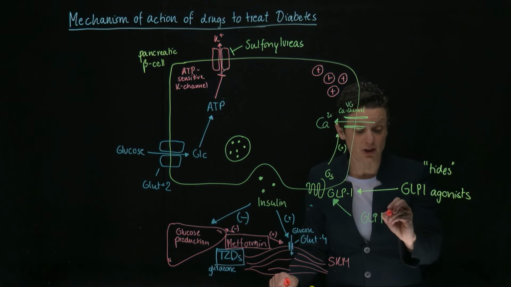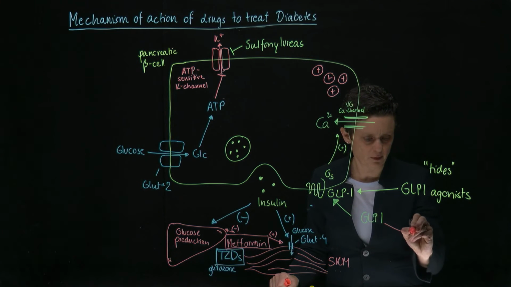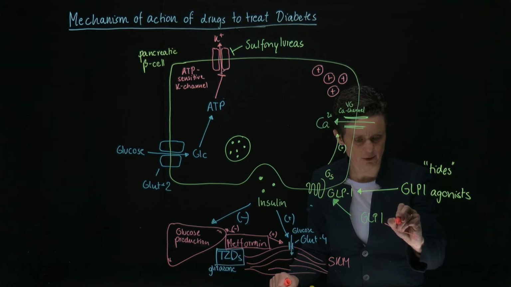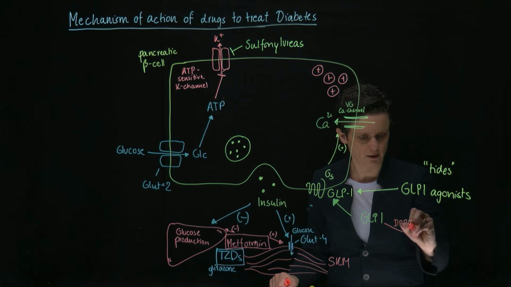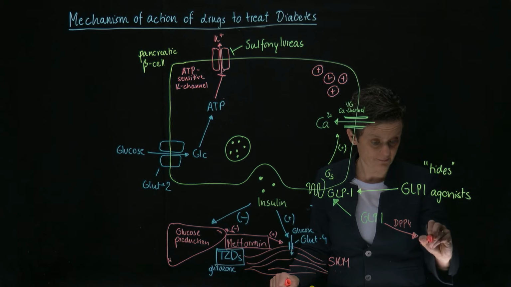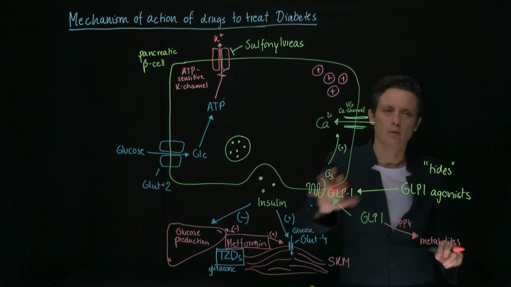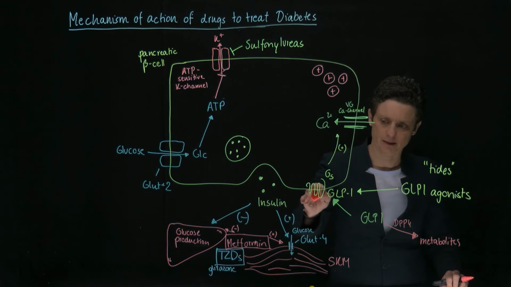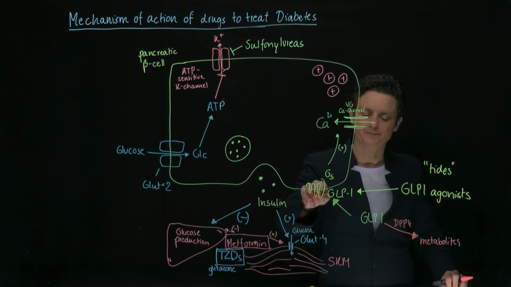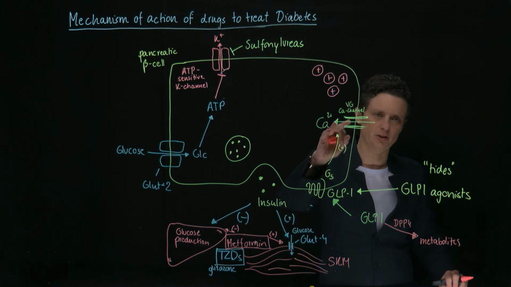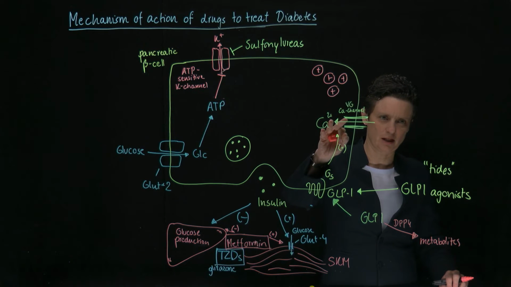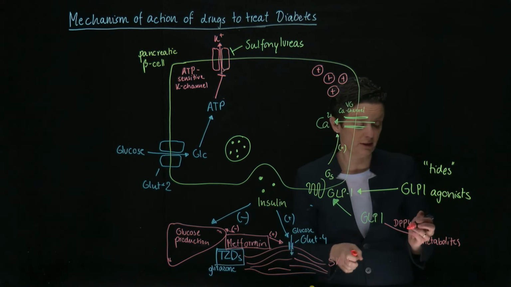So it turns out that GLP-1 can be broken down by an enzyme called DPP4 to metabolites. And we just discussed, at least in part, what GLP-1 does, for example, stimulating the GLP-1 receptor, which helps open up the calcium channel better, leading to insulin release.